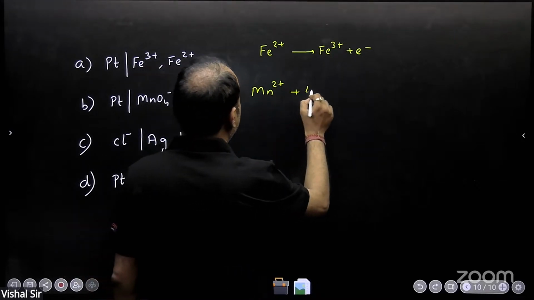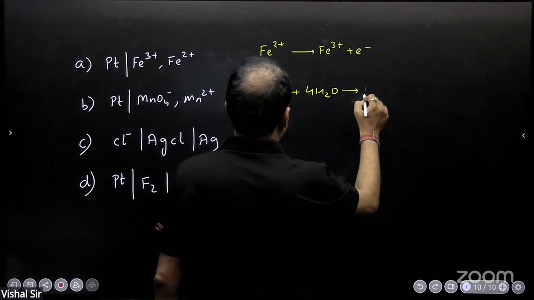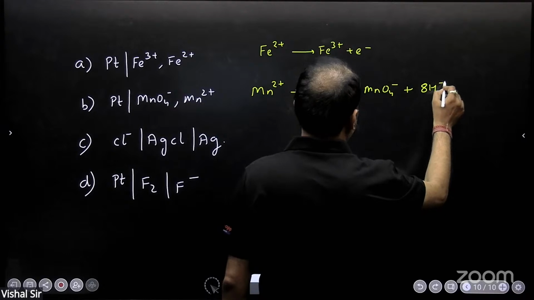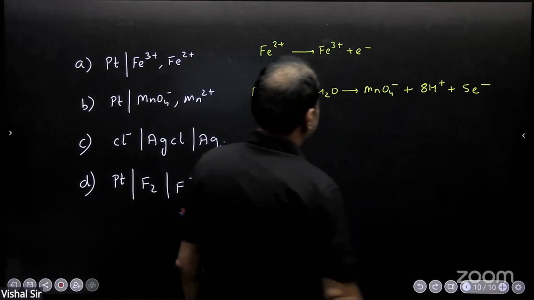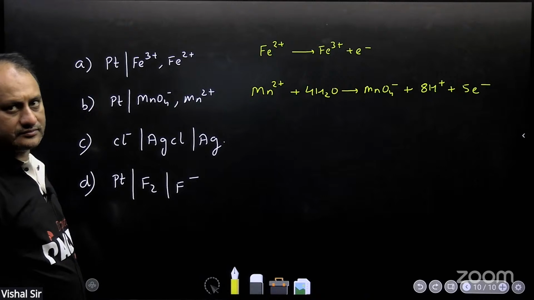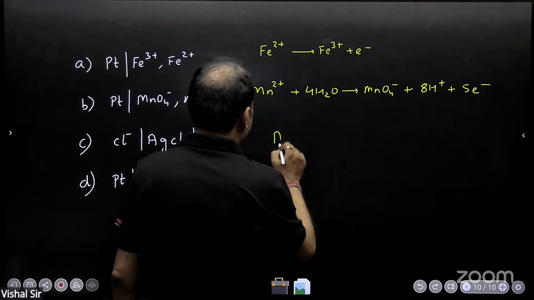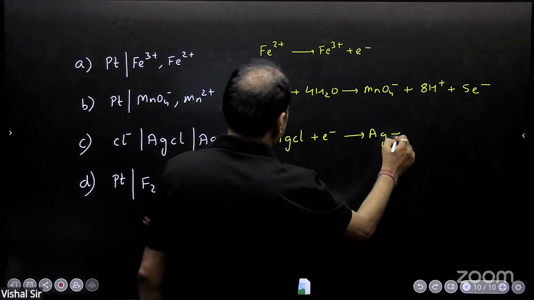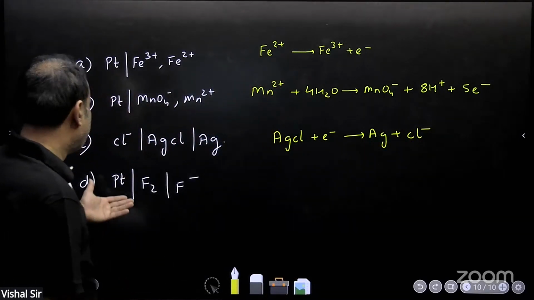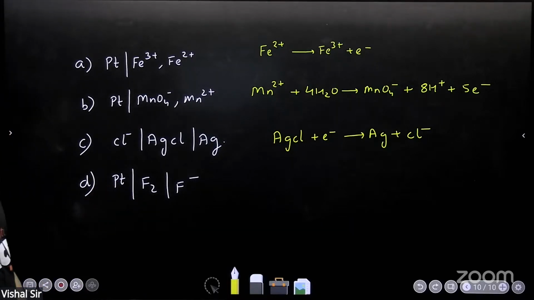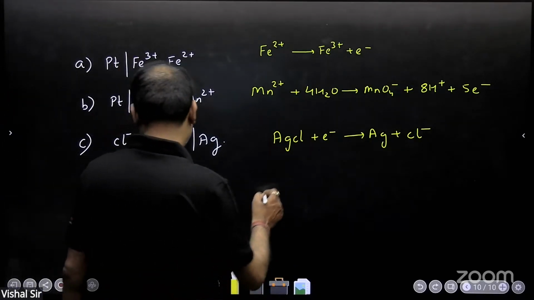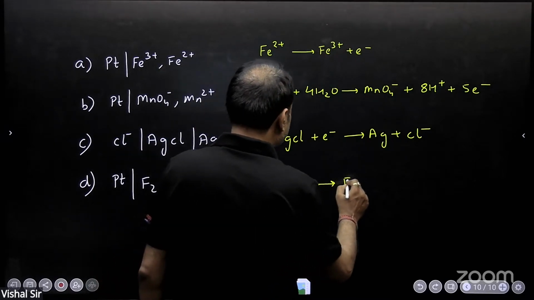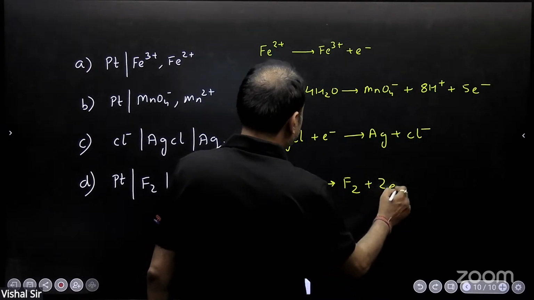Mn2 plus plus 4H2O will give MnO4 minus plus 8H plus plus 5 electrons. This in reduction format, this is AgCl plus 1 electron goes to Ag and Cl minus. Oxidation in fluorine, F minus goes to F2 and 2 electrons.